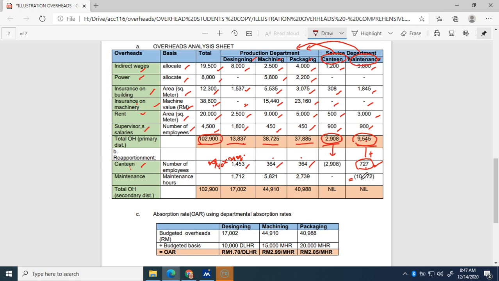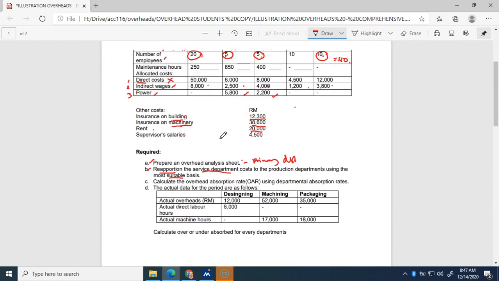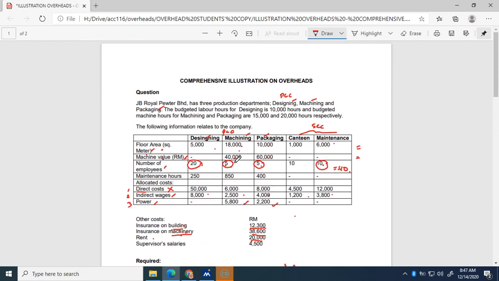So we have to minus all the overheads in maintenance, 10,272, and reapportion to other departments, designing, machining, packaging, and canteen. So what is the most appropriate basis for maintenance? Okay, refer to the question. Since the ratio is not given, we have to identify that the most appropriate basis for maintenance will be maintenance hours.